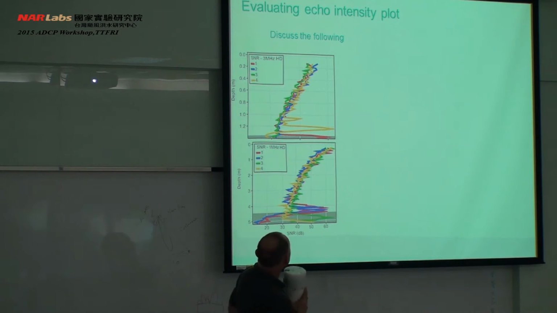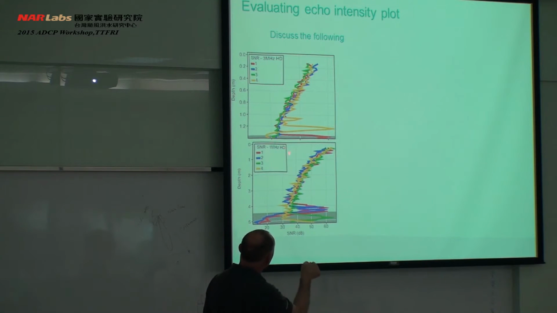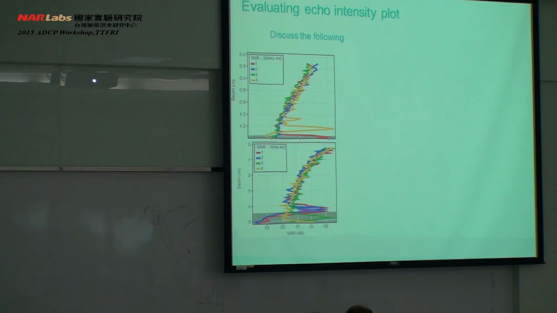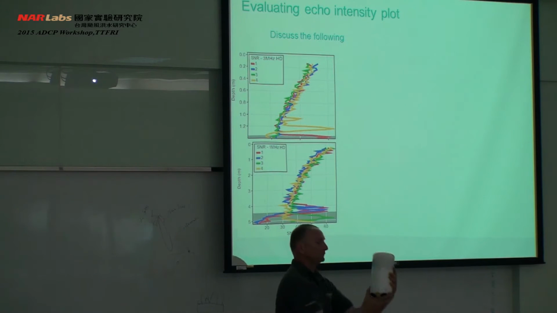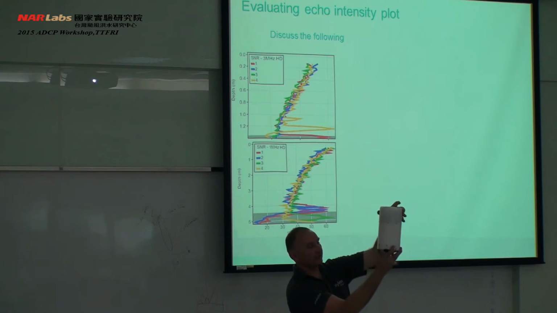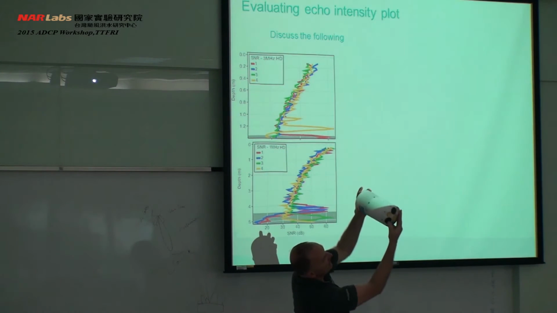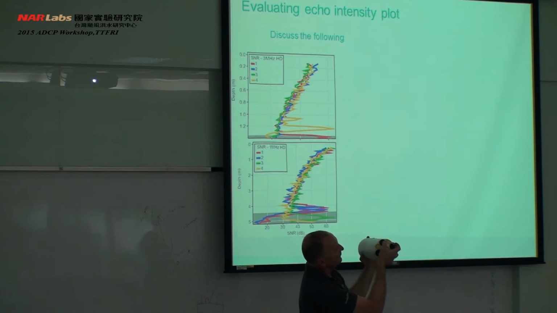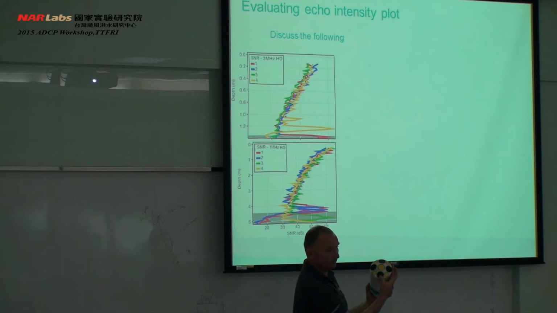So, because it's the 1 megahertz, assuming we've got the orientation like this, it becomes beam 1, beam 2, beam 3, beam 4.